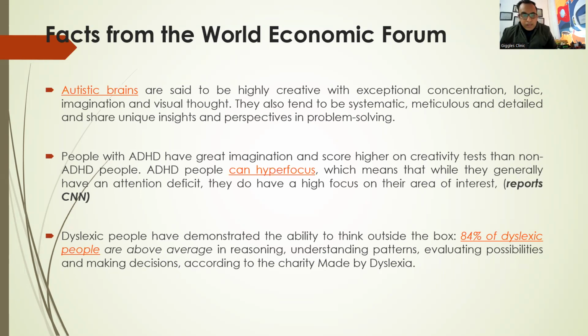global population. And again, an important piece of data which comes out is that dyslexic people have demonstrated the ability to think outside the box. 84% of dyslexic people are above average in reasoning, understanding patterns, evaluating possibilities, and making decisions, according to the charity Made by Dyslexia.